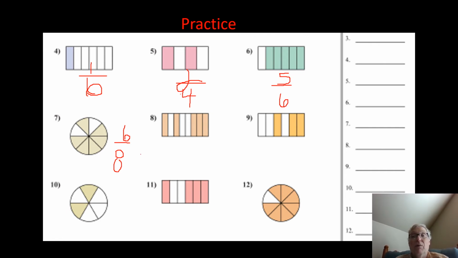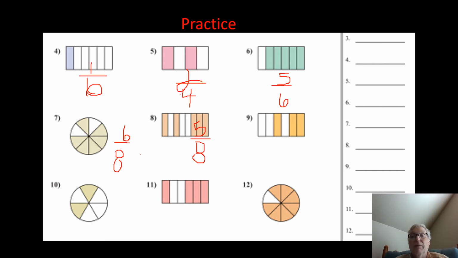Again, number 8, we want to find out how many equal parts there are. 1, 2, 3, 4, 5, 6, 7, 8. So my denominator is 8. My numerator is going to be 5. 5/8, or 5 out of 8, are the colored bars.